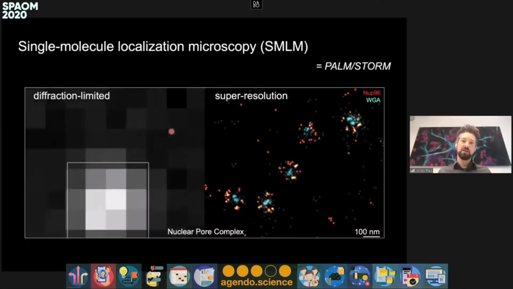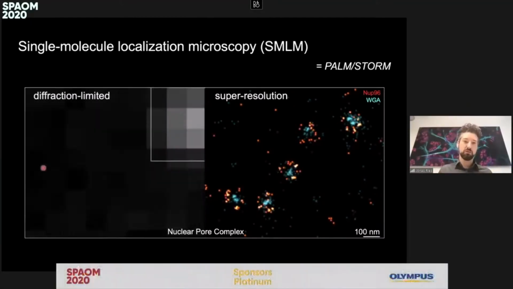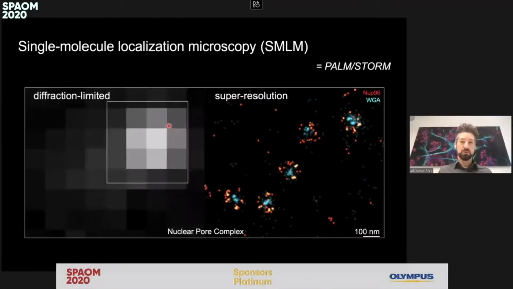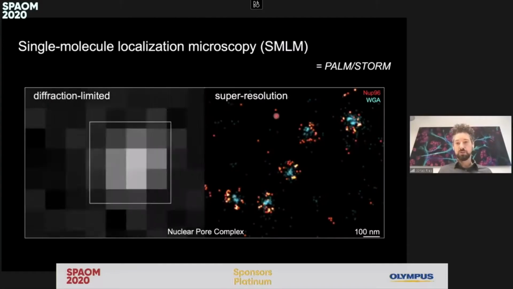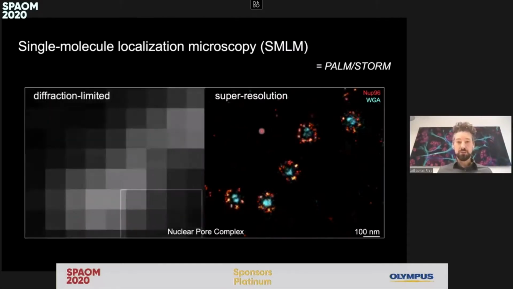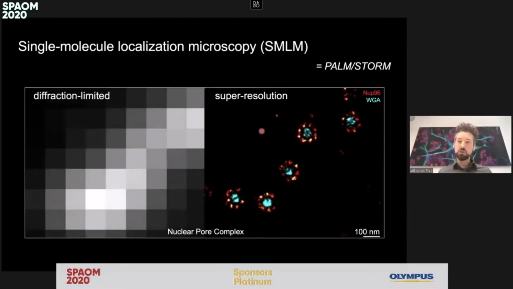In each of these frames, we switch on a very small subset of the fluorophores, because then these single fluorophores are well separated. We can determine their precise positions, and from these positions slowly fill in the super resolution image. This super resolution image can then have a resolution that is one order of magnitude and sometimes even two orders of magnitude better than the normal diffraction limited image.